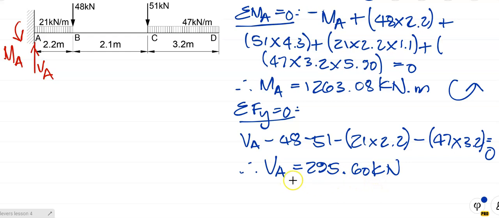Because the answer is positive, it means that our assumption that VA is going upward is in fact correct. So VA is 295.60 kilonewtons, and MA is 1263.08, which I'm going to squeeze in over there.